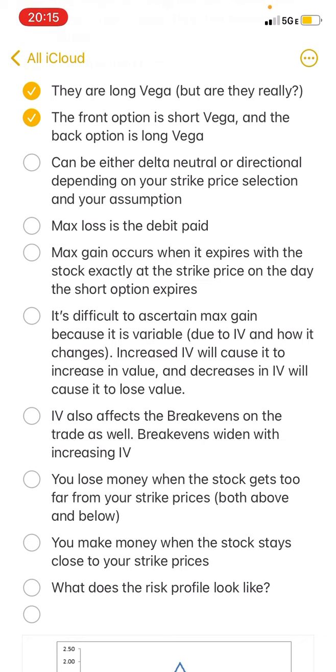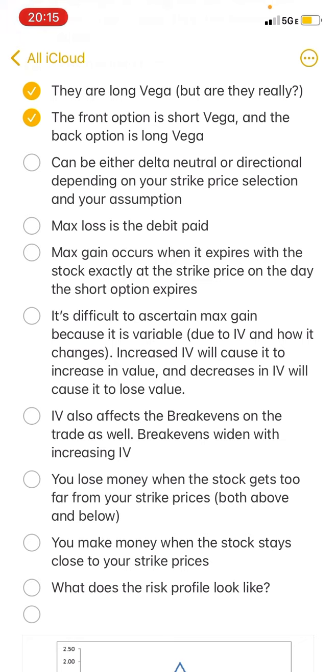The back option is long vega. That means that you will benefit from an increase in volatility, and if volatility goes down, you're going to lose money. And I encourage you all, if you're not familiar with the options Greeks or implied volatility, I really implore you to go back and peruse Google a little bit and learn about delta, gamma, vega, theta, implied volatility, and read about something called volatility skew.